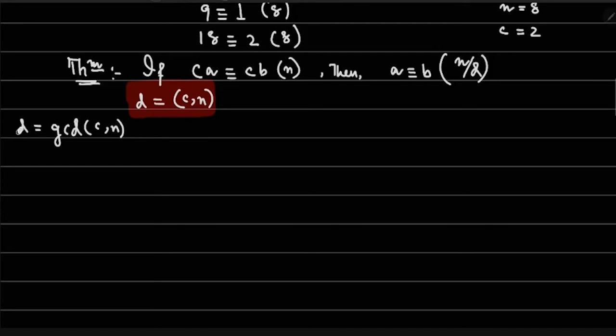Anyway, that is a ring theoretic approach. We will discuss those things later on, what is actually GCD, how to visualize GCD, and those things will come later on. So anyway, let's prove this theorem.